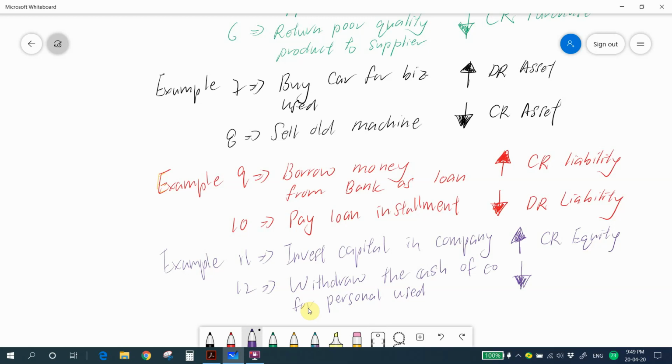So this shows a decrease in your equity. When you have decrease in your equity, we debit the equity account to reflect the decrease in your equity.